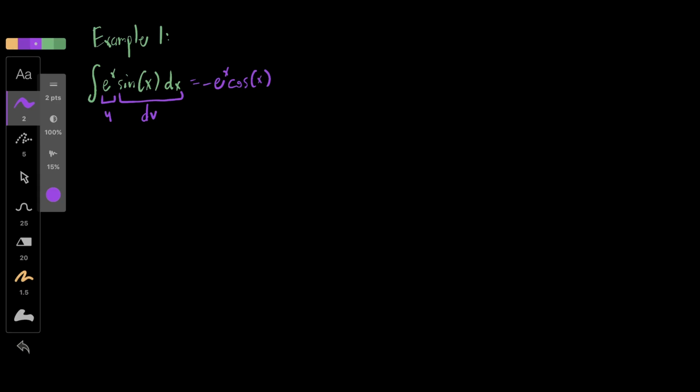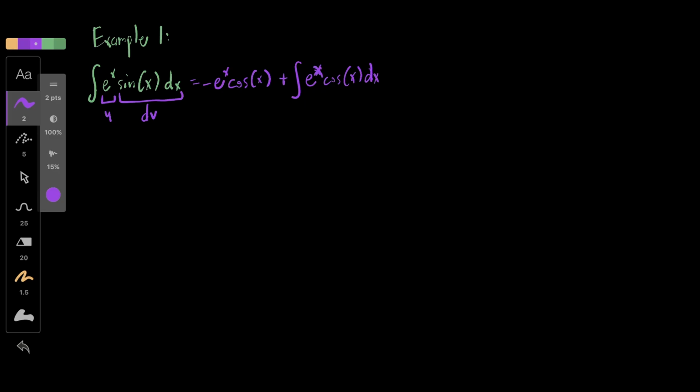Then you have minus the integral of v, so again negative cosine of x, so this becomes positive, and then the integral of e to the x is just e to the x, so plus the integral of e to the x cosine of x dx.